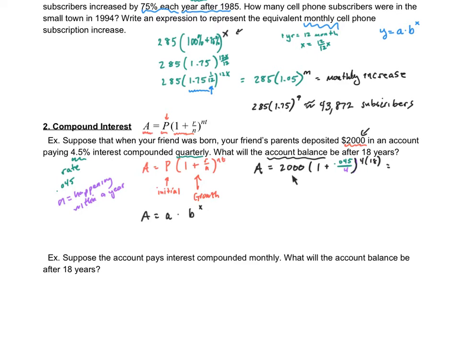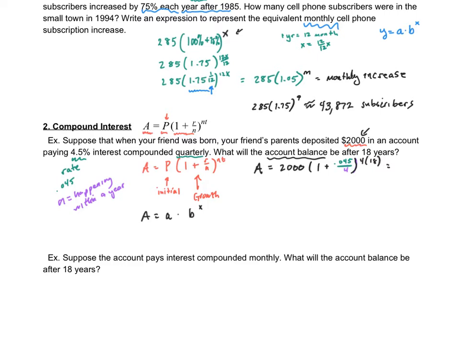The initial value, principal of 2,000, multiplied by 1 plus the rate divided by the number of happenings per year. So the rate was 0.045 divided by 4, raised to the power of 4 times 18, 18 being the number of years.